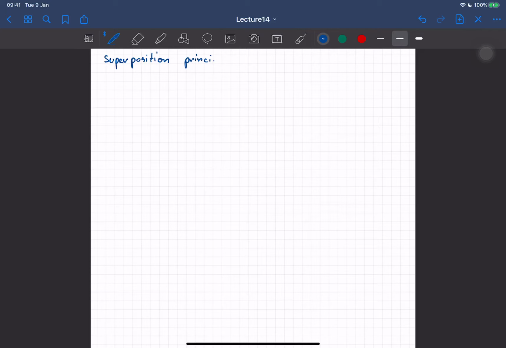And this is a very familiar name to all of you because we talk about this concept when we talk about interference of waves. Remember what the superposition principle is? In the context of waves, we say that when we have two waves, you just add them together.